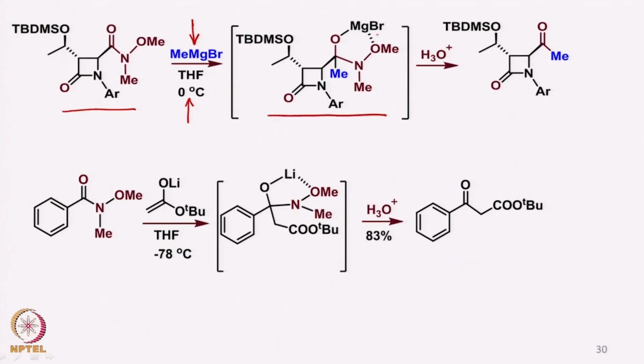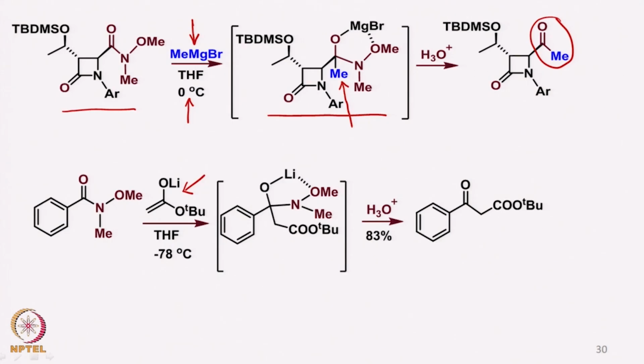As you can see, the magnesium Br part of the Grignard reagent interacts both with the oxygen of the carbonyl and also the OMe of the Weinreb amide, and allows the nucleophilic attack at the particular carbon atom, and that stops because of the coordination. After hydrolysis one gets the corresponding methyl ketone.